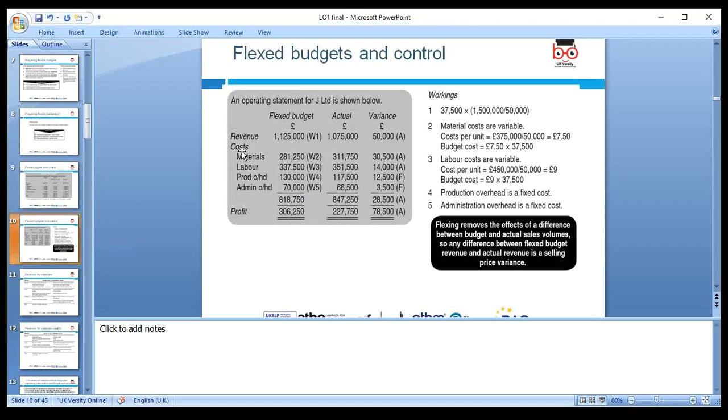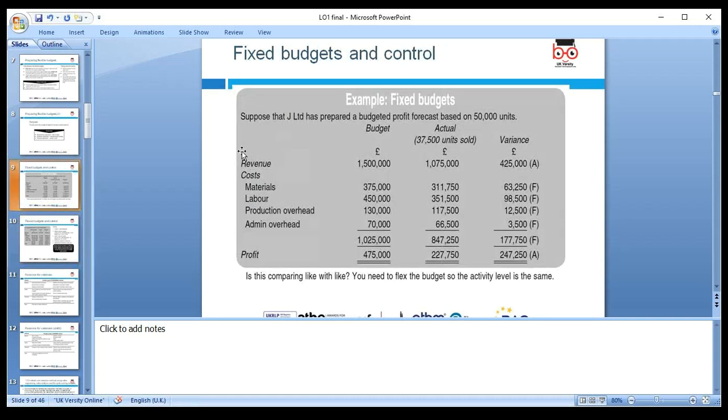If we go next, then we have material. We've been given the material of 375,000 divided by 50,000. So you get one unit. To make one unit, how much material is required? So you do 375,000 divided by 50,000, and we get 7.5.